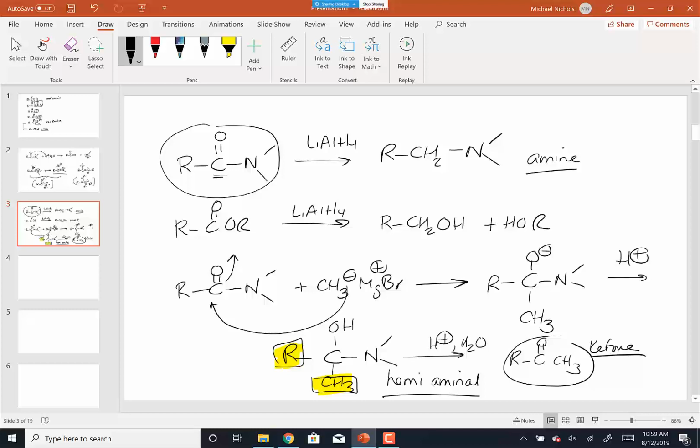So if you want to take an amide and make a ketone out of it, you could use a Grignard. The Grignard's going to add one R group, you make the hemiaminal, it's not stable, and so it's going to revert back to the ketone.